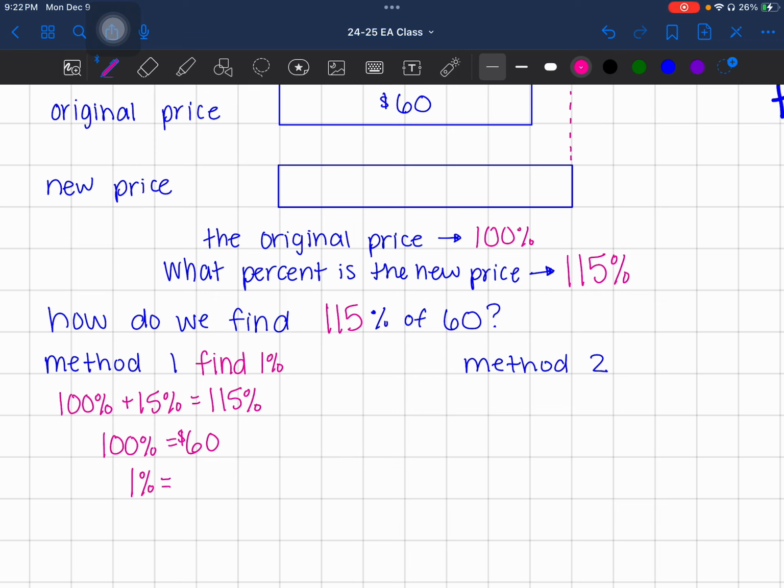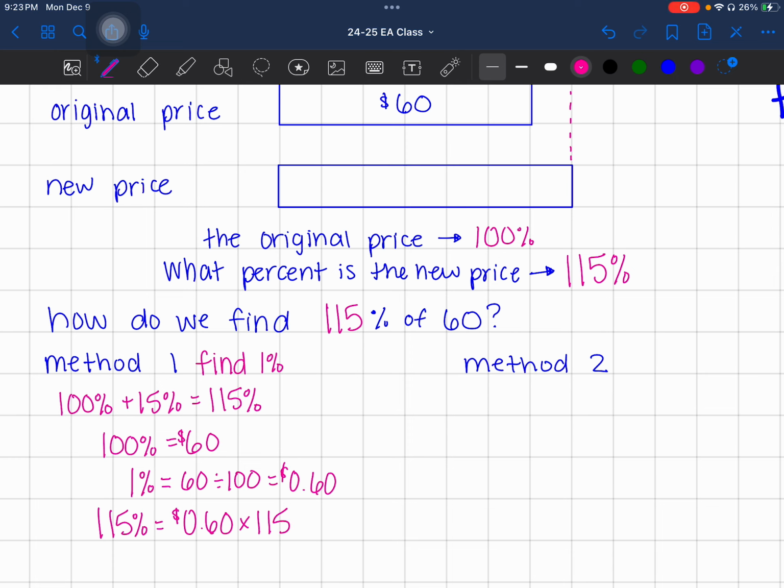Well, we divide. If 100% makes up 60, we would divide 60 by 100, which equals 6/10, or 60 cents. So if 1% equals 60 cents, then 115% is 60 cents times 115.